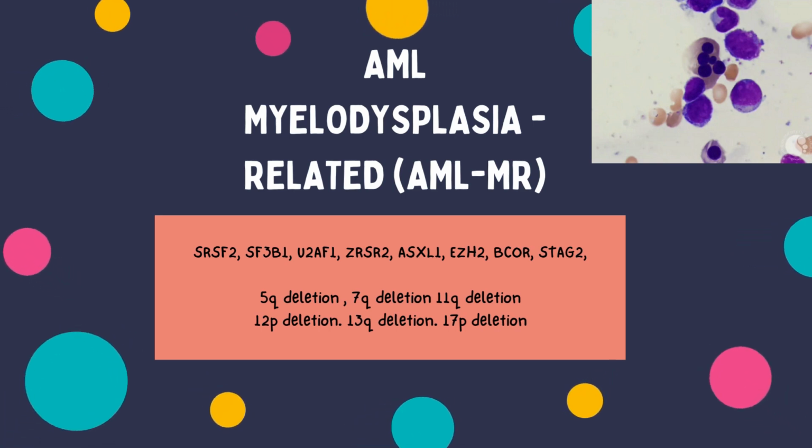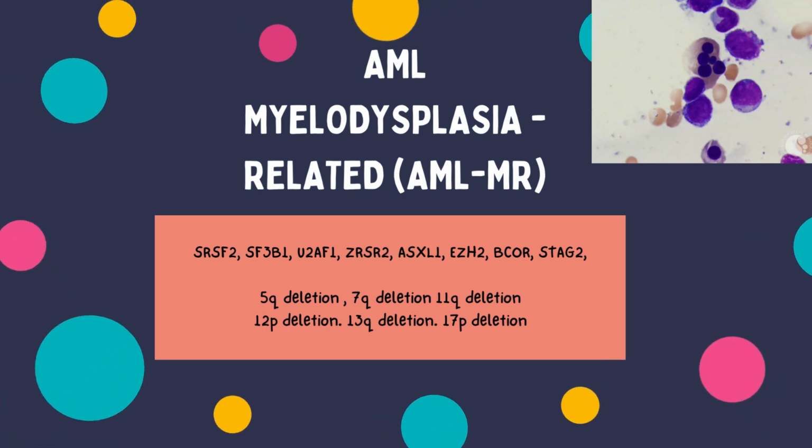AML with BCR-ABL fusion and AML with CEBPA mutation still have the 20% cutoff, however.